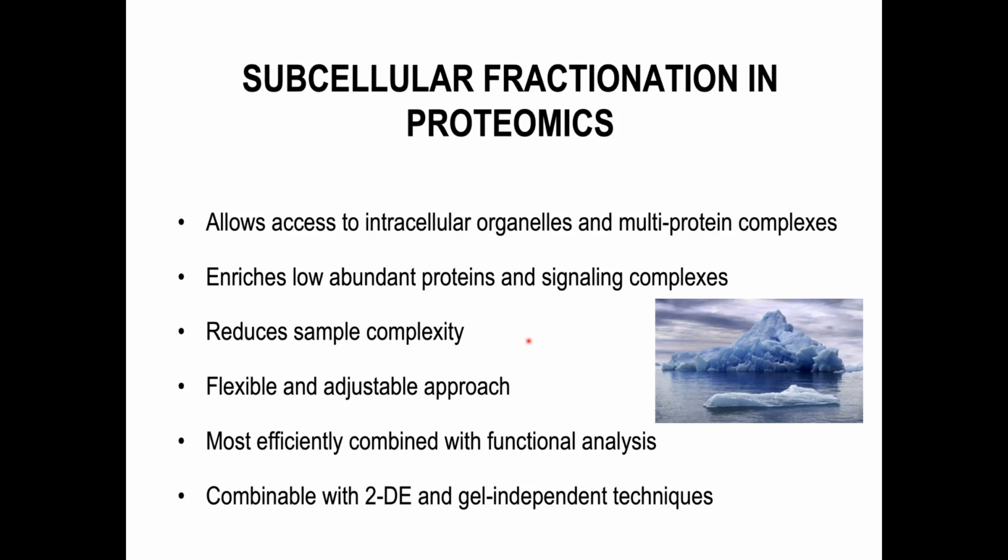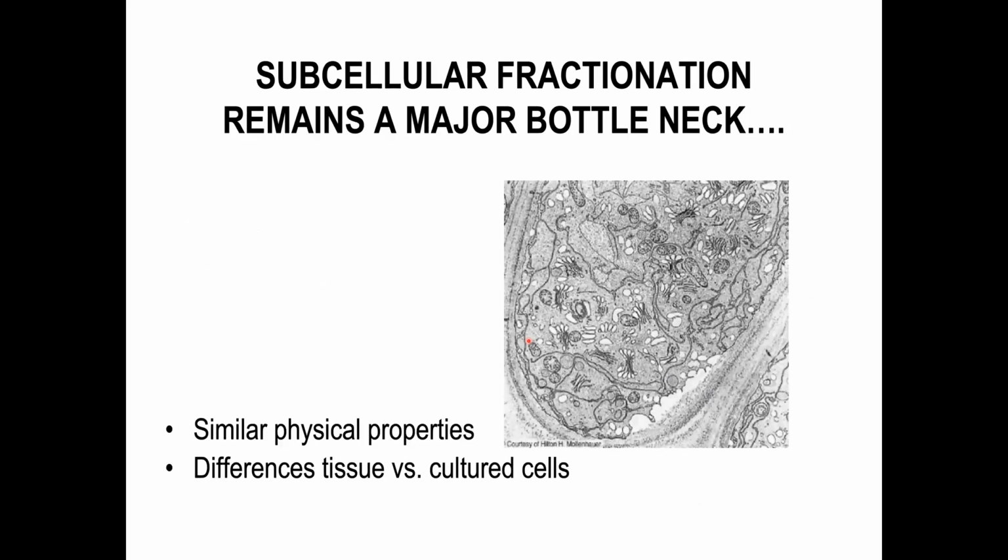We can measure the membrane potential. We can measure the redox potential. We can look in detail at these organelles and study them functionally, as well as from the point of view of their composition. And those technologies are also compatible with every downstream biochemical analysis, with two-dimensional analysis on gels or gel-independent techniques, mass spectrometry techniques, just to name a few of them.